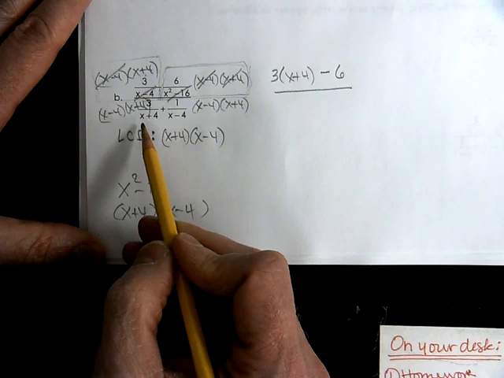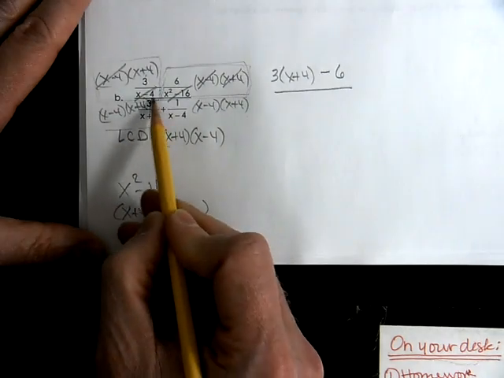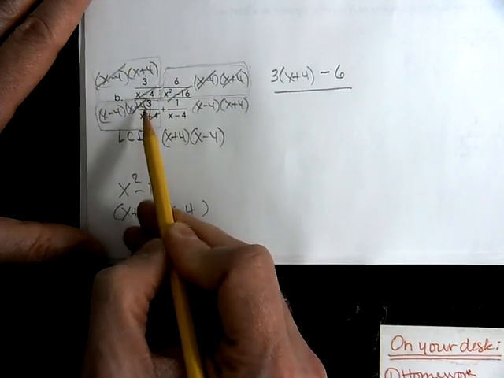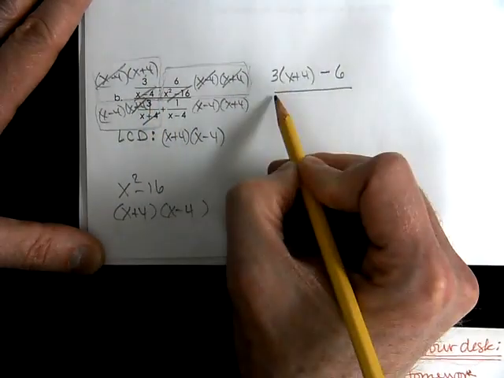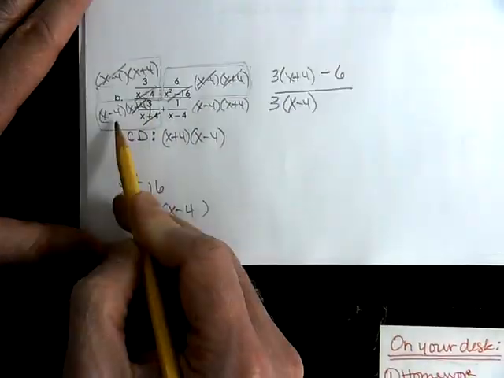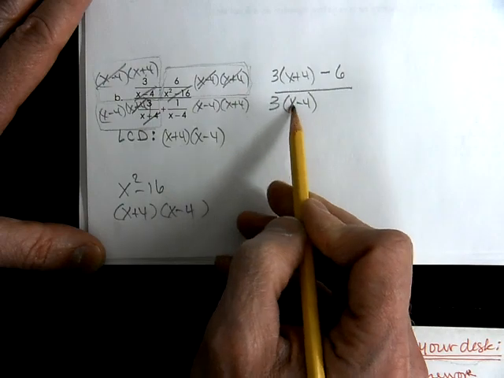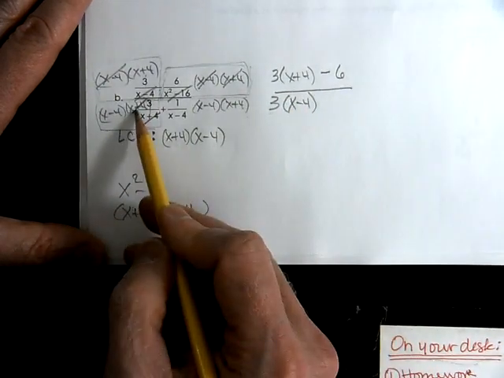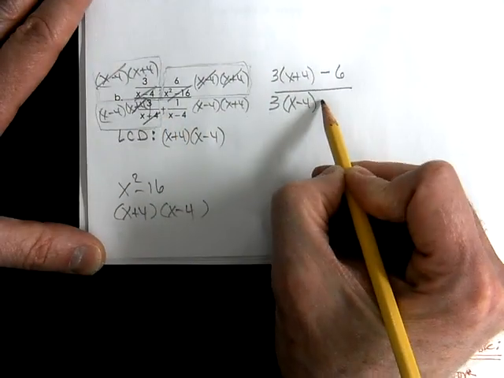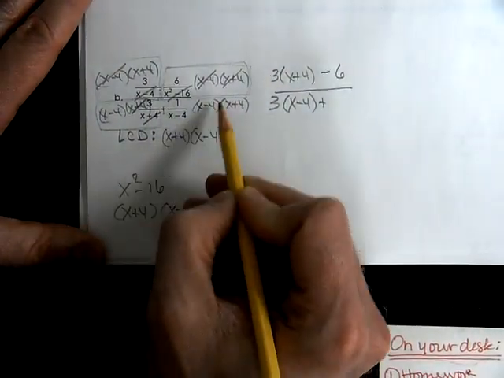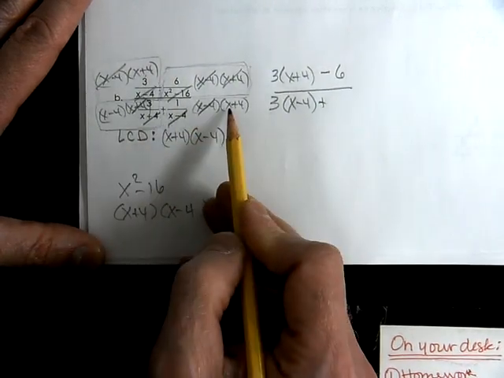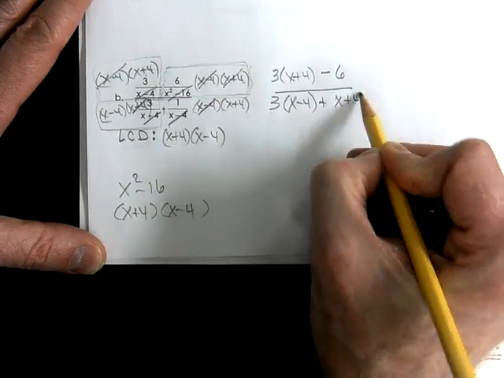Okay, what's going to happen down here? The x plus 4's cross off, and I'm left with my 3, x minus 4. I can distribute that and call it 3x minus 12 right now if I want, or I can just take my time. This says plus. My x minus 4 is cross off, and I'm left with 1 times x plus 4.